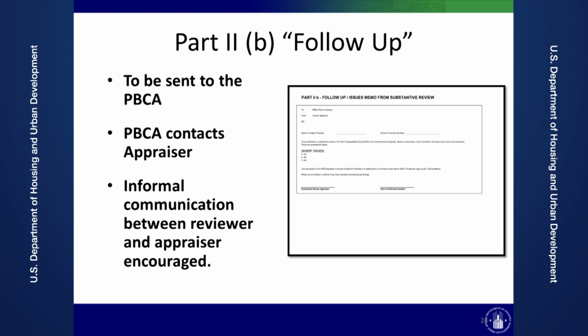Hopefully, they're going to sign it and say everything looks good, or if they've had some discussions with the appraiser and they can't come to a mutually agreeable solution, those things will be highlighted in this document, which will then be sent. The reviewer will send a formal document to the PBCA. The PBCA will take it, look at it, do whatever they want to with it, and then they will pass this document along to the owner.